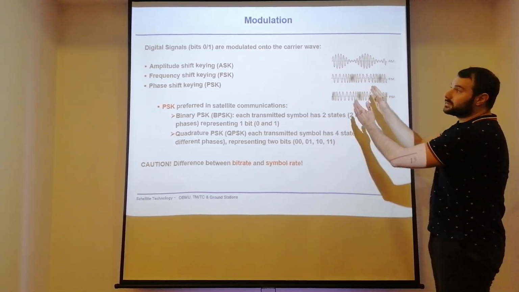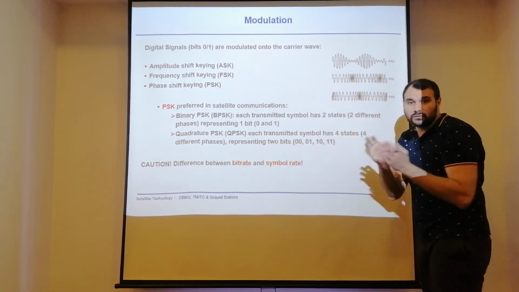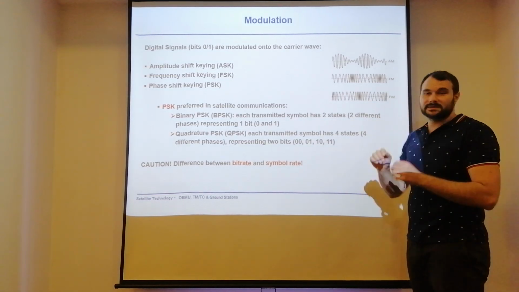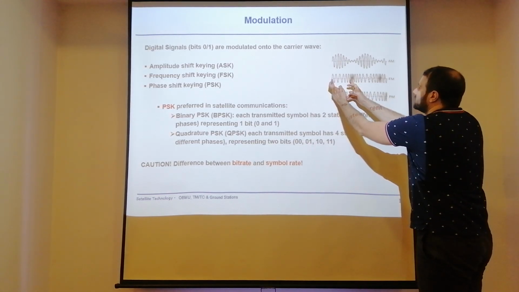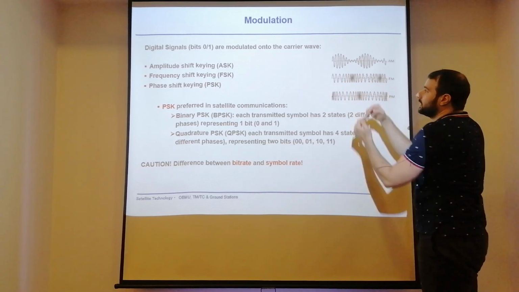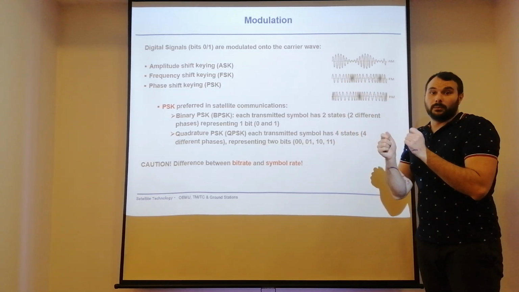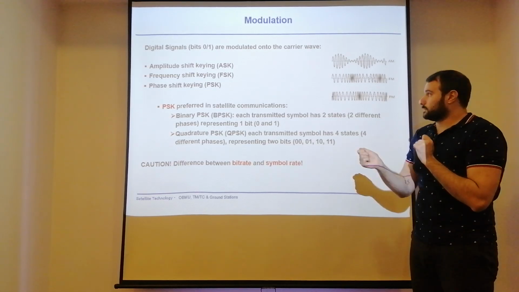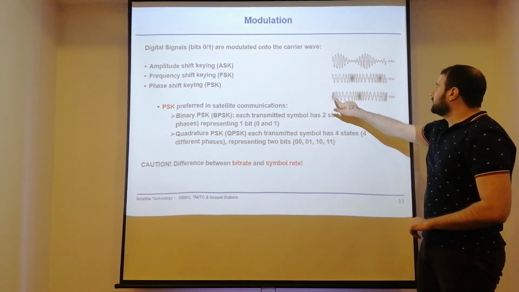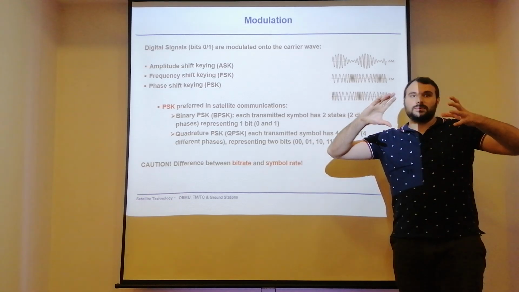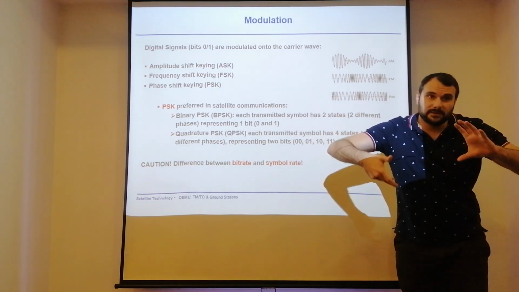So with frequency shift keying, you basically have 2 sets of frequencies, roughly the same range, and you just switch from one frequency to another, let's say a higher frequency, and this is how you modulate your data between 0 and 1. And for the phase shift key, you use the same frequency, but you apply a phase shift.